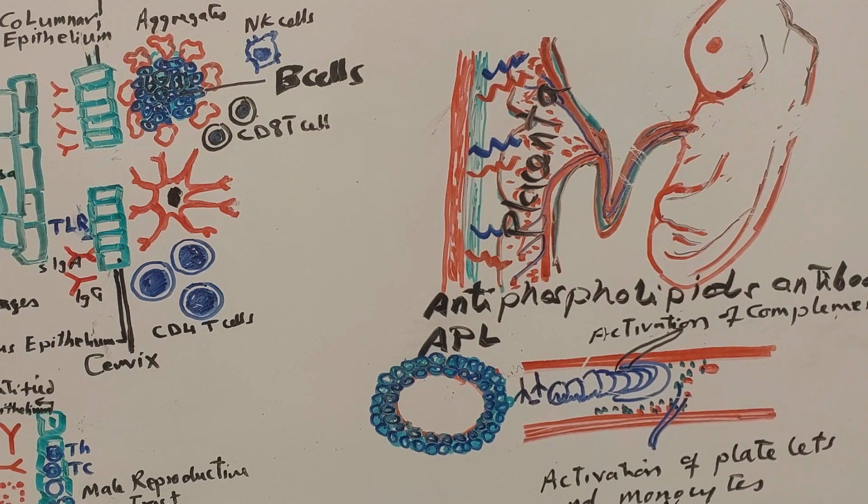However, in antiphospholipid syndrome, as I mentioned, there is activation of endothelial cells, monocytes, and platelets, and complement gets activated, and this results in formation of a hypercoagulable state and formation of blood clots that may predispose to miscarriage.